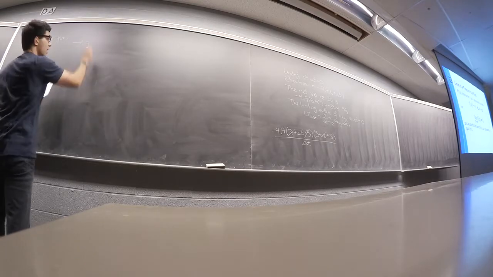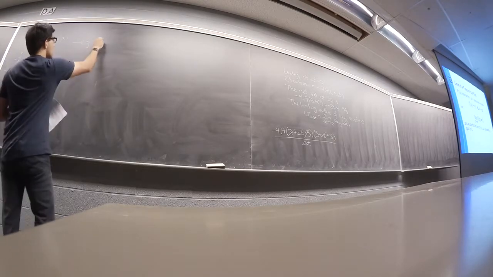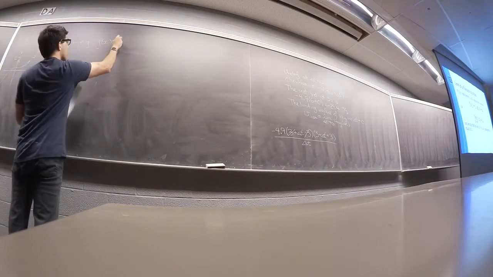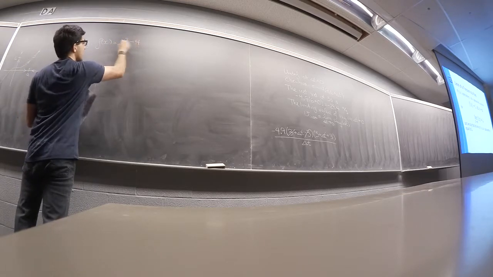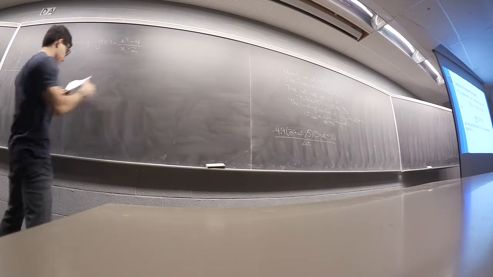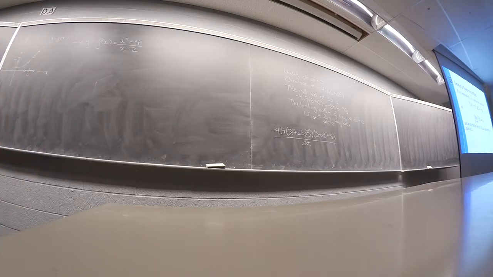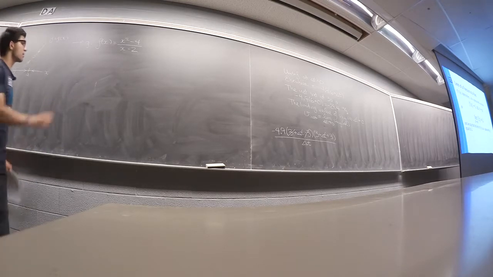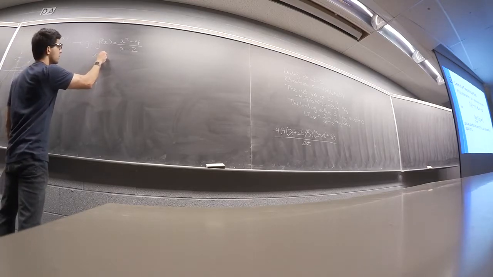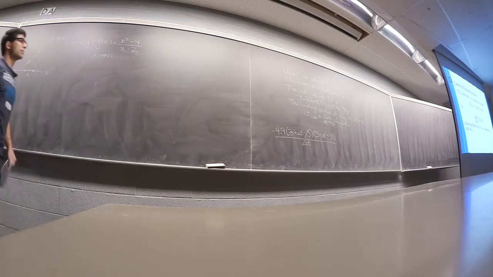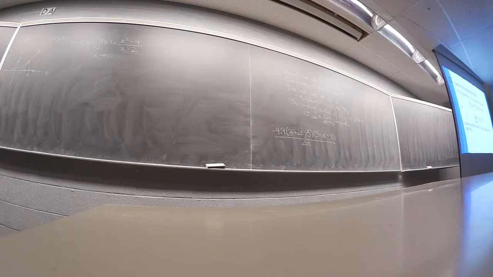Example. Again, very similar to what we had. Suppose we have f of x equals x squared minus 4 over x minus 2. Okay, and I want you to tell me what happens as x approaches 1. Anyone know? Or what would you do? Just sub it in.